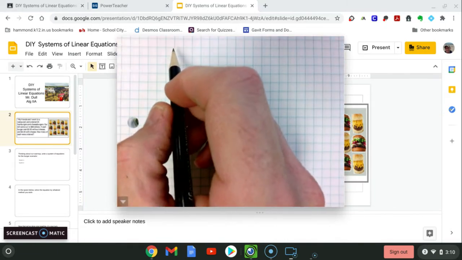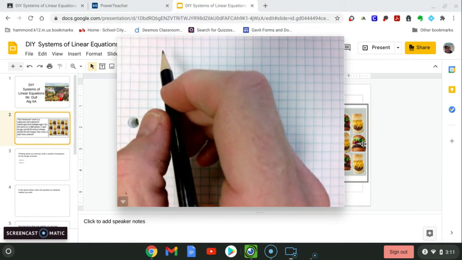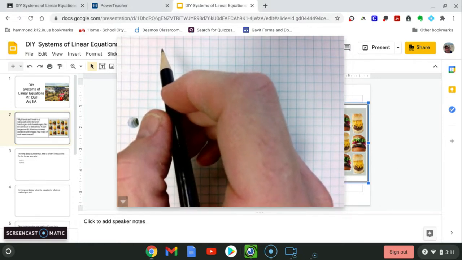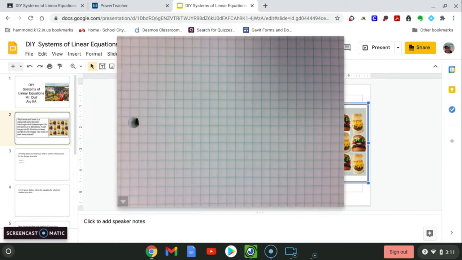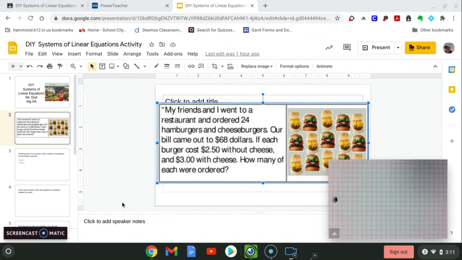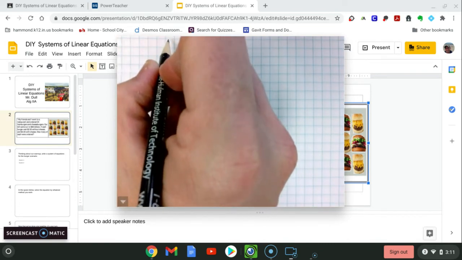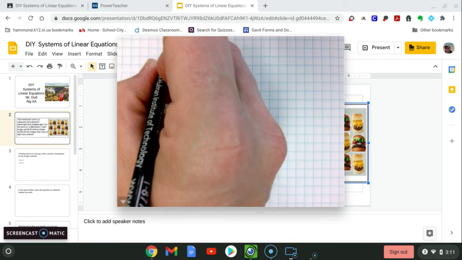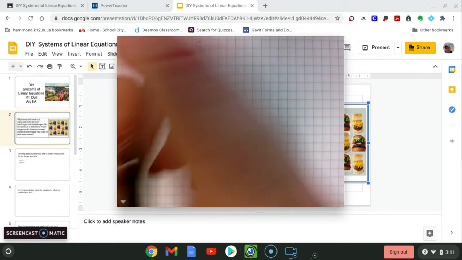So let's think about what's going on here. The first thing we want to look at in our word problem is that typically you're going to have two pieces of information. You're going to know something about the total number of items, and you'll know something about the cost. So in here we see there's 24 hamburgers and cheeseburgers, and we want to write an equation that shows that. We're going to pick whatever variable we want, and in class, they decided on B for burgers and C for cheeseburgers.